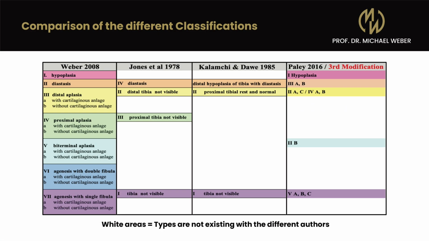The algorithm I showed here has on the left side my classification with the 12 different forms, and on the right side you see the other authors, and the fields which are white, the authors don't have these types. So when you see a lot of white, a lot of types in these authors are missing. In other words, my classification is the best.